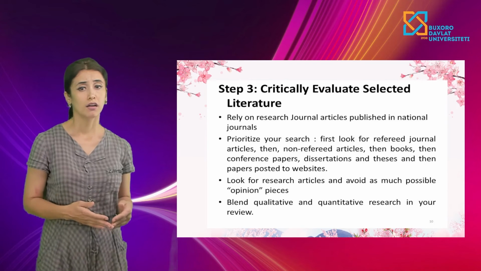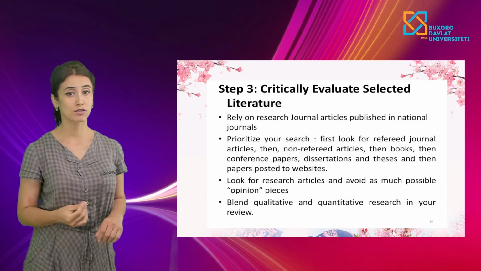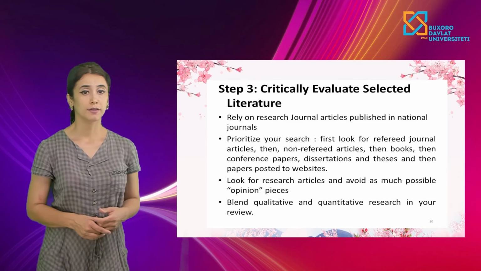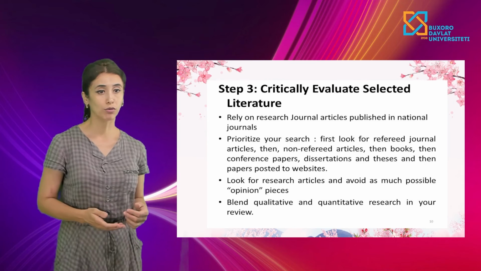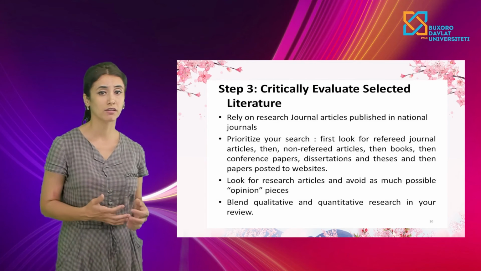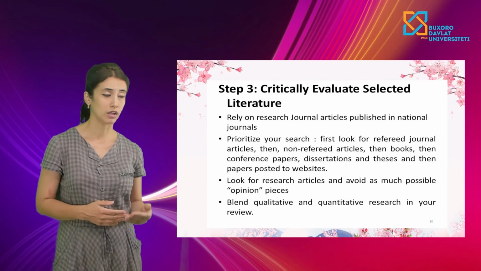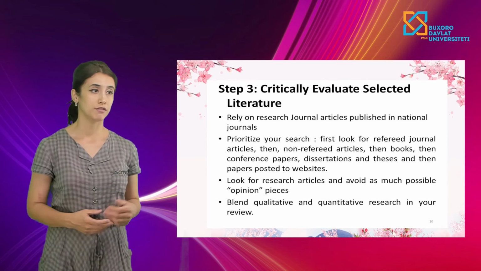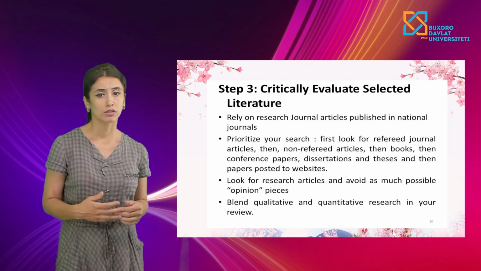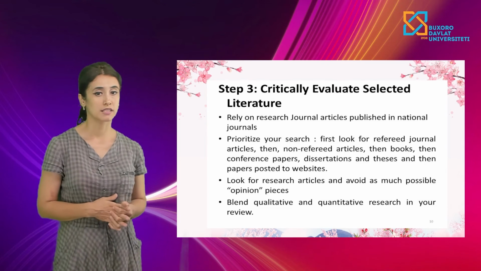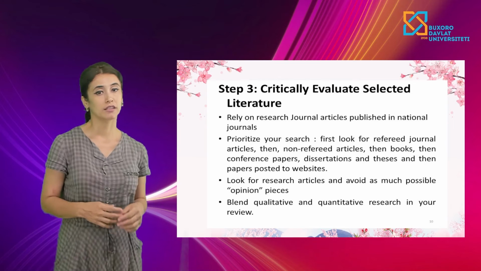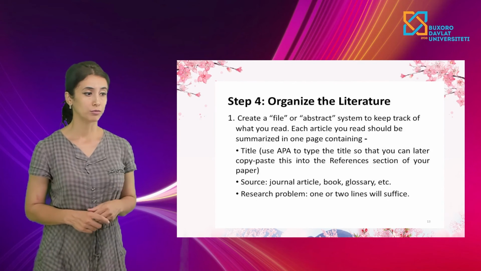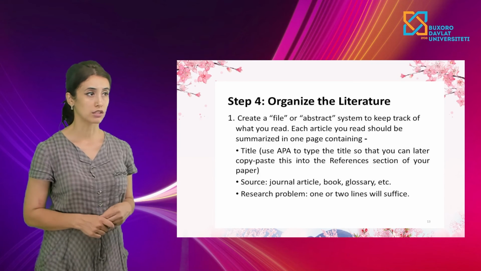It means you have to examine research articles, read them carefully, and avoid similar opinions in one research work. Blend qualitative and quantitative research in your review. Qualitative is verbal, and quantitative is statistical or numerical facts about your research.